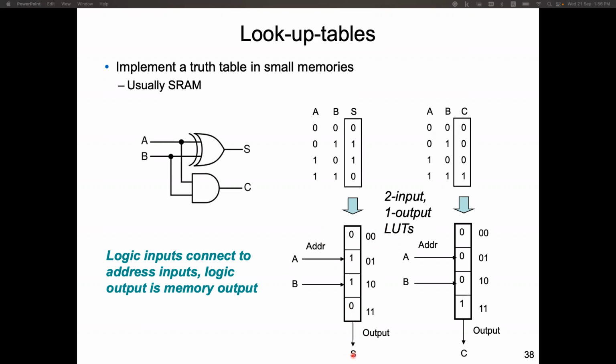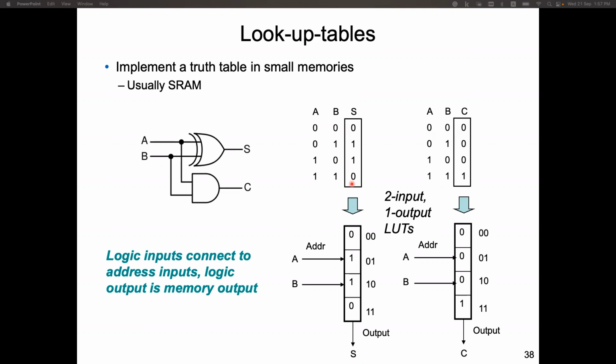So we have a small memory, and we use the input as the address of the memory. Input 0, 1 points to this location, 1, 0 points to this location, 1, 1 points to this location. It's like a 2-bit address, so you can address 4 locations.